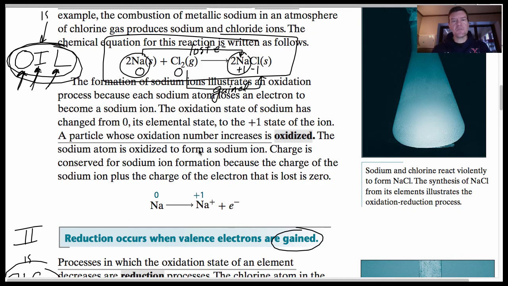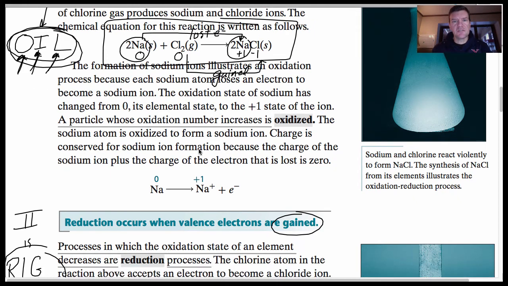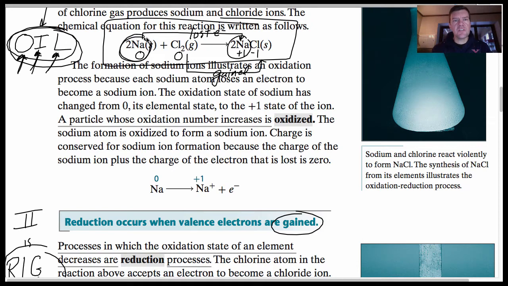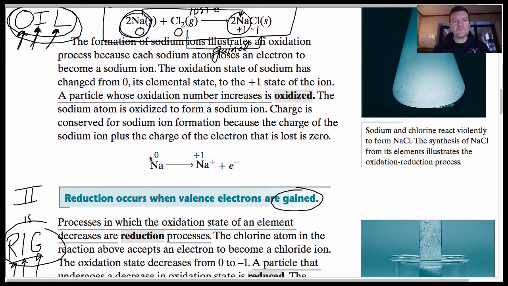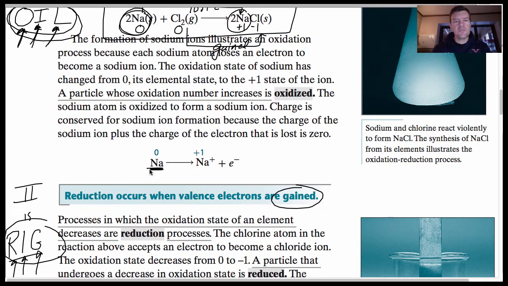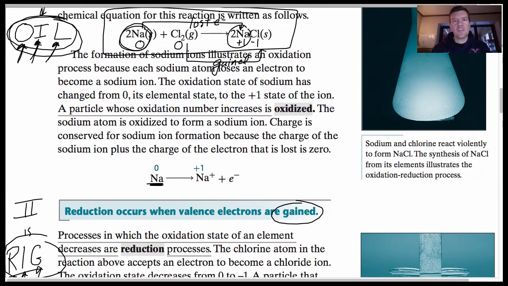So let's break this apart into two half reactions. Let's just look at the sodium. The sodium is going from Na, and over here in the compound, it has an oxidation number +1. So it must have lost 1 electron. It went from 0 to +1. Its oxidation number went up by 1 because it lost that 1 electron.